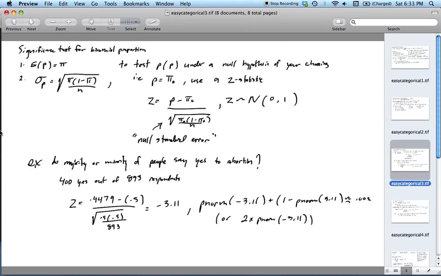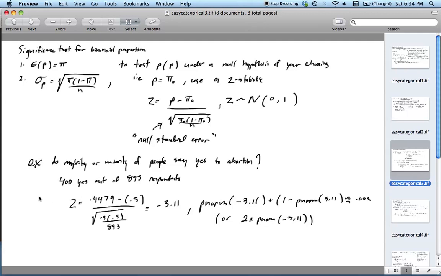The formula here is that Z is equal to the proportion, your estimate, minus the null proportion, divided by what's called the null standard error, which is just the standard error computed as if the null parameter is true. And this should come from a standard normal distribution.